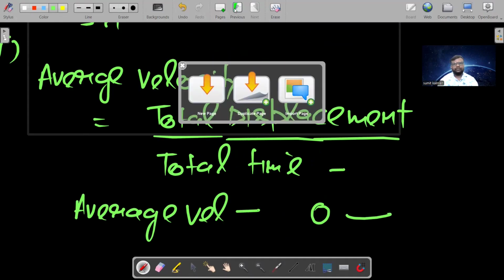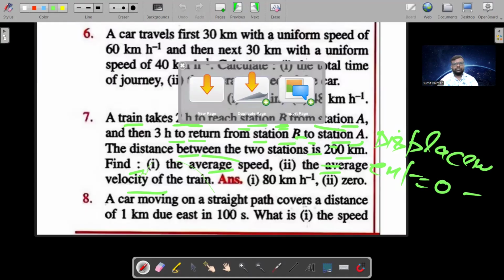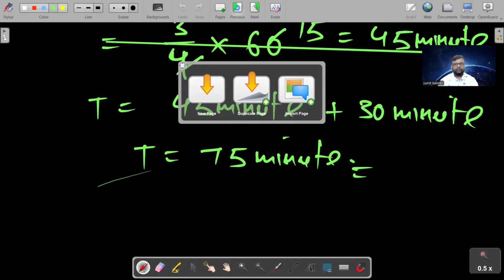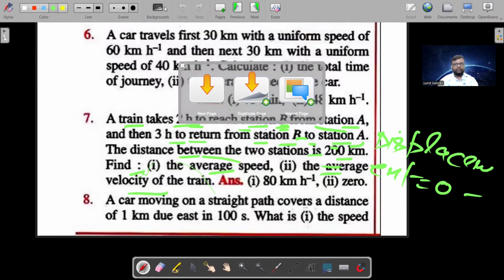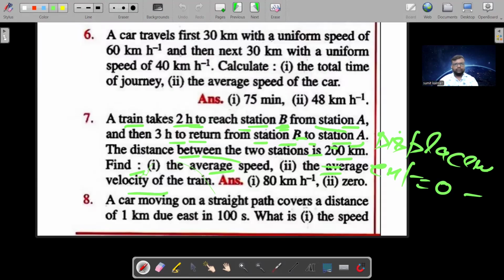Now next, eighth problem. Problem number 8. In the eighth, what are they asking?